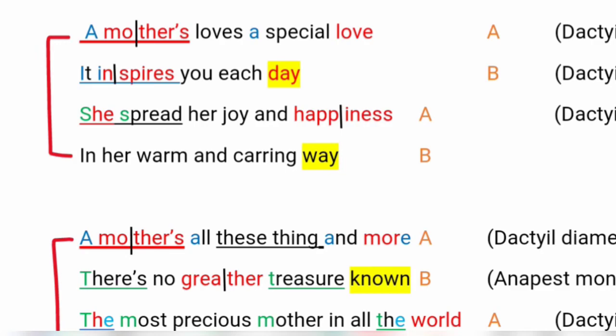Here you can see, and the same with the second and the third line in the first stanza.